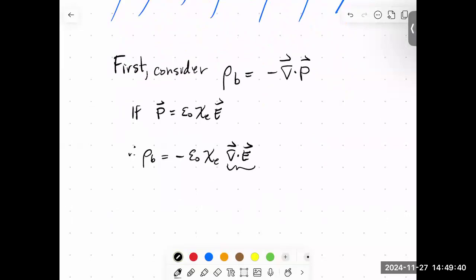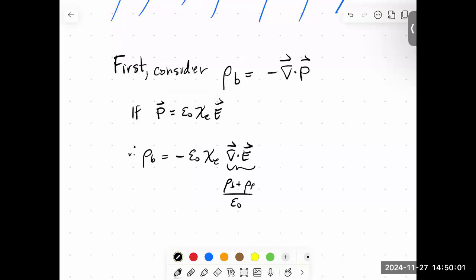The divergence of E, we know from Gauss's law, is the total charge density, which includes the bound charge and the free charge, divided by epsilon naught.